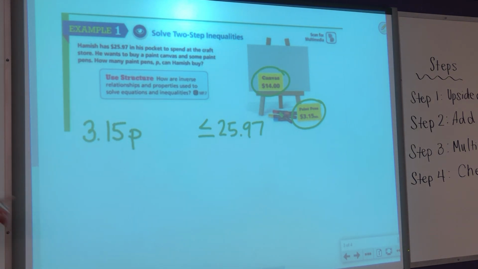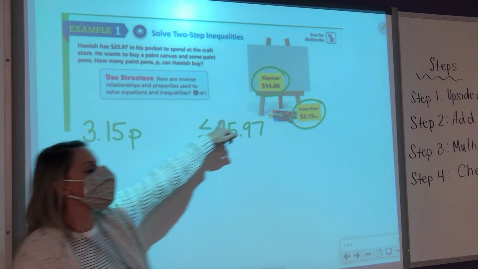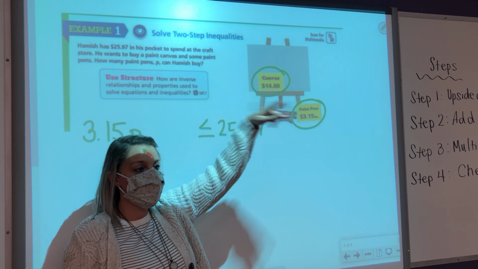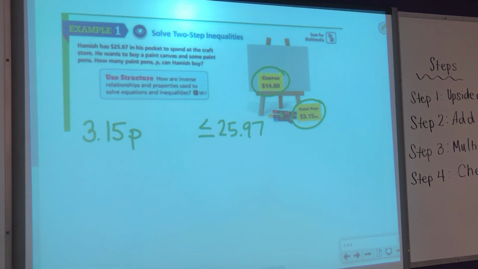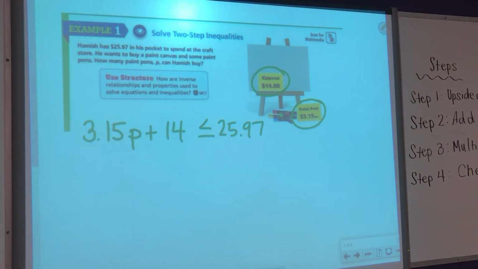Okay, so we write $3.15 times P. Now we also want to buy a canvas, then plus $14.